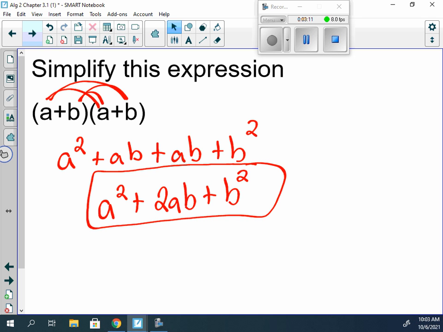Now, what we're going to be doing with the rest of the lesson today, all of tomorrow and all of Friday, is going the opposite direction. We're not going to be multiplying two together to get the quadratic. We're going to start with the quadratic and factor it back out. So instead, we're going to start with this and end up back here.